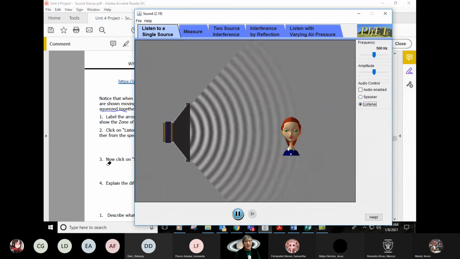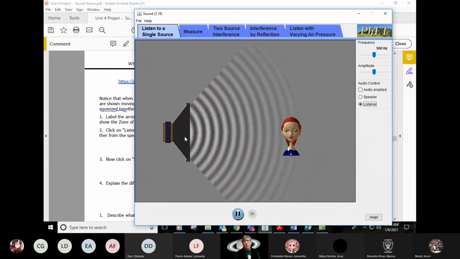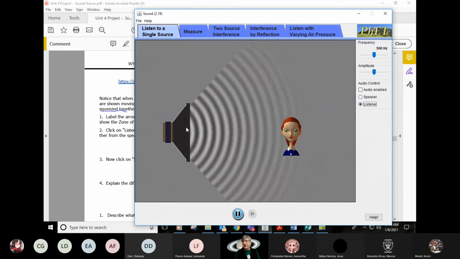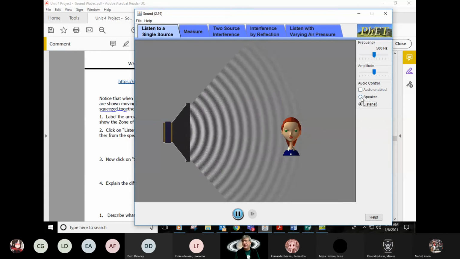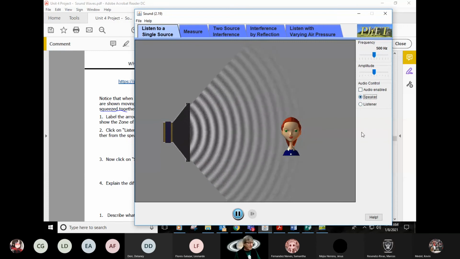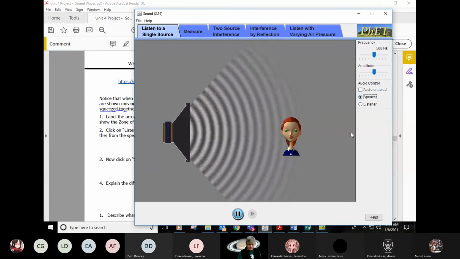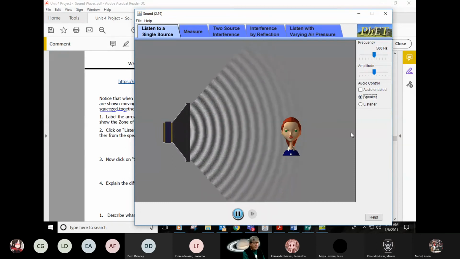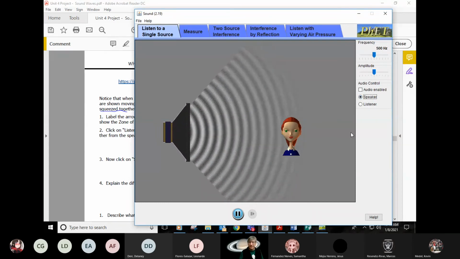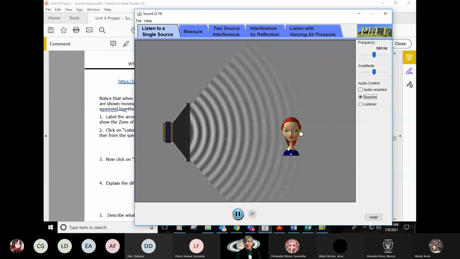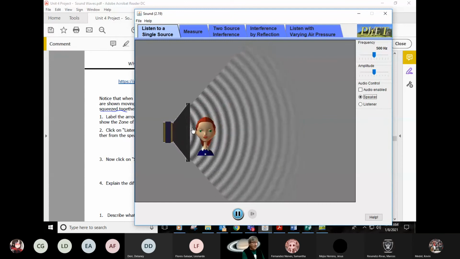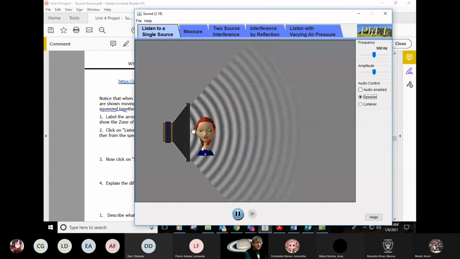For question 3, we're thinking about what is happening at the speaker itself. So if I click on the speaker, we're going to hear the sound of the speaker, and I'm going to move the person back and forth again. So here's the sound of the speaker. I move the person in. Is there any change?